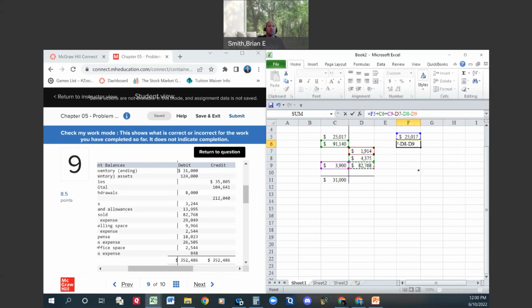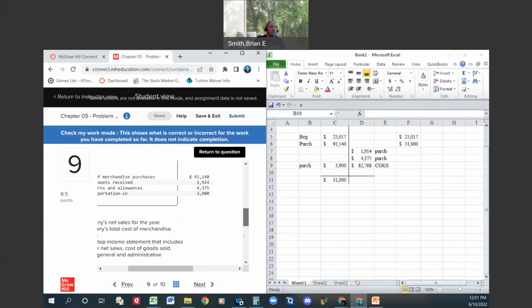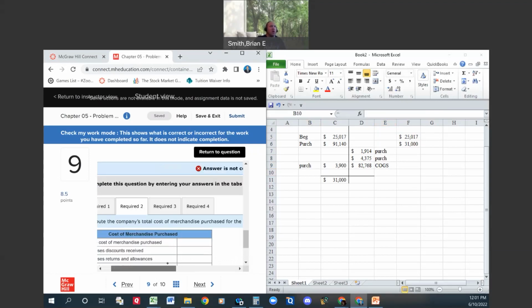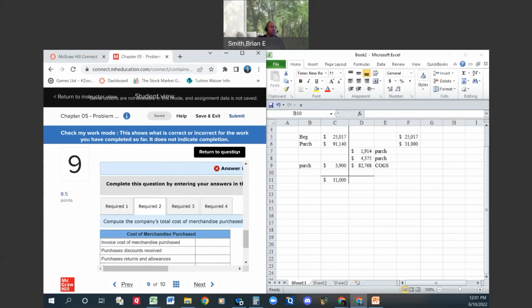All right. So this is our beginning balance. Purchases. This is freight in, so it also counts as purchases. These offset purchases. And this is cost of goods sold. So what was the question again? Let's go ahead and see. I know this is kind of me setting this up for stuff that I didn't need to do. Yeah, all right. I'll return to the question.